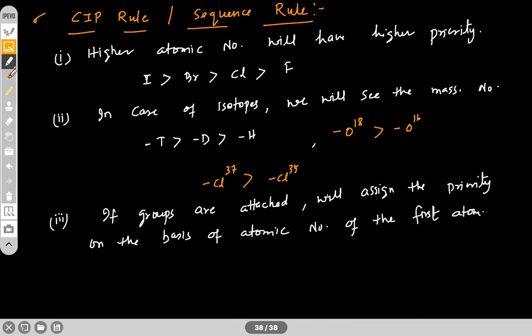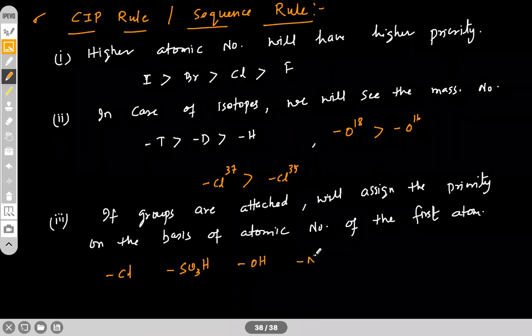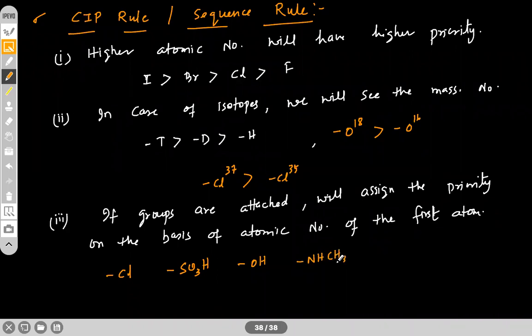For example, you see, we have chlorine attached, SO3 attached to the double bonded carbon atom, and then we have OH attached to the double bonded carbon atom. We have NHCH3 attached to the double bonded carbon atom. We have COOH attached to the double bonded carbon. If these are the groups attached, okay, then we'll compare this on the basis of the atomic number of the first element, the atom which is attached to the double bonded carbon: sulfur, oxygen, nitrogen, carbon, right?